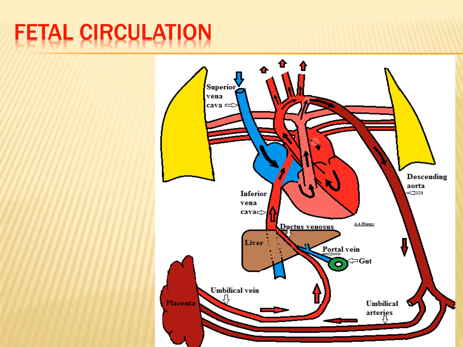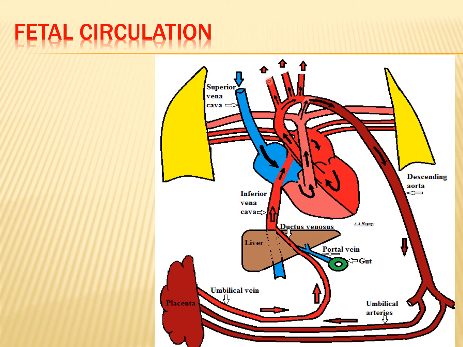Then the blood descends from the left atrium through the mitral valve to the left ventricle, then ascends upward through the aorta, passing mainly through the 3 great blood vessels originating from the aorta, which are named left subclavian, left common carotid, and brachiocephalic.